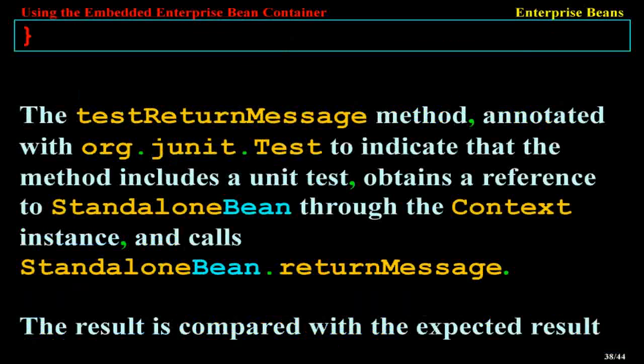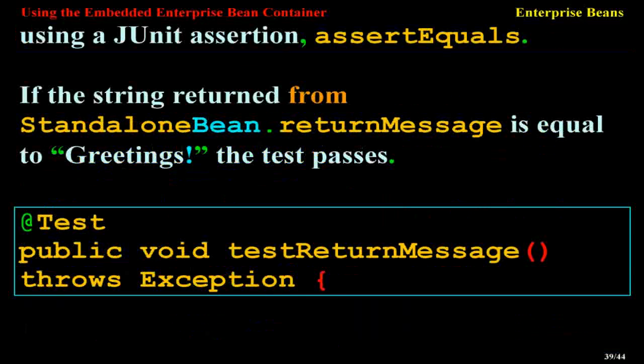The testReturnMessage method, annotated with org.junit.Test to indicate that the method includes a unit test, obtains a reference to StandaloneBean through the context instance, and calls StandaloneBean.returnMessage. The result is compared with the expected result using a unit assertion, assertEquals.